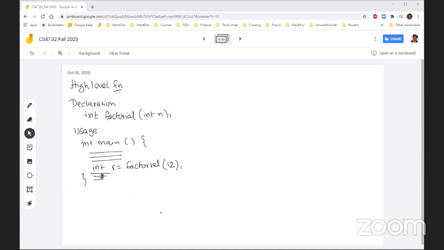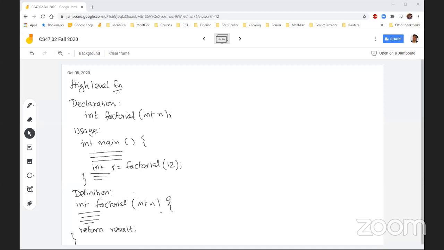And then you have the definition, which is like int factorial(int n), some code, followed by some return result.